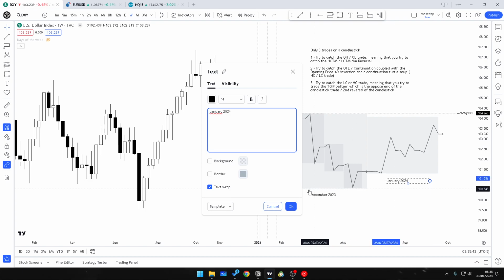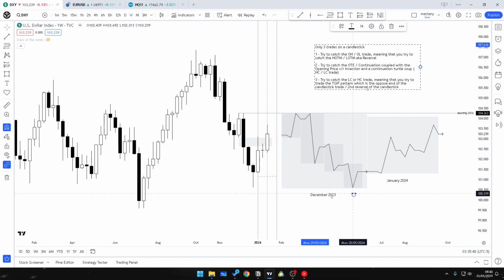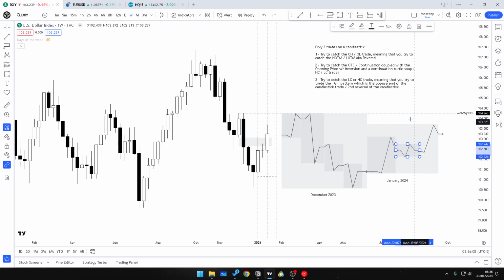January 2024. So this third trade was a continuation then on January. Week 1, week 2 chop, week 3 expansion into the weekly drawn liquidity.